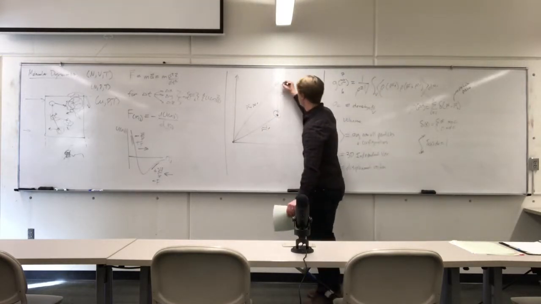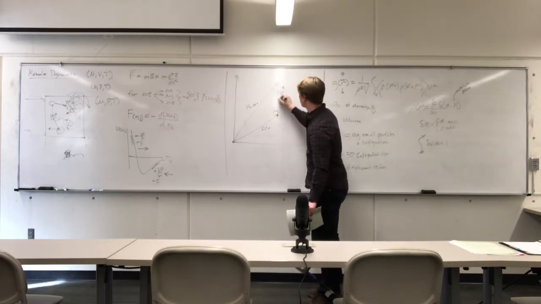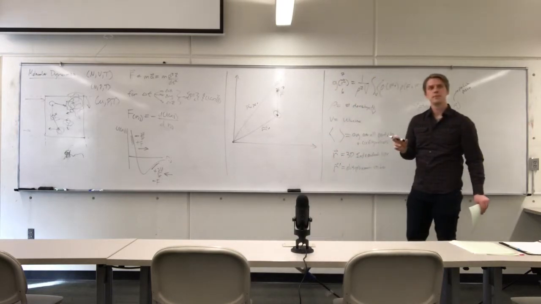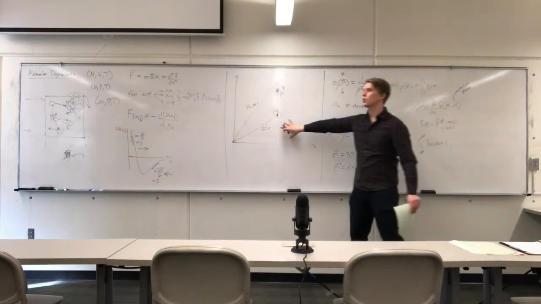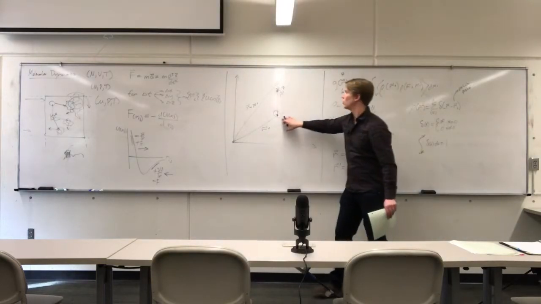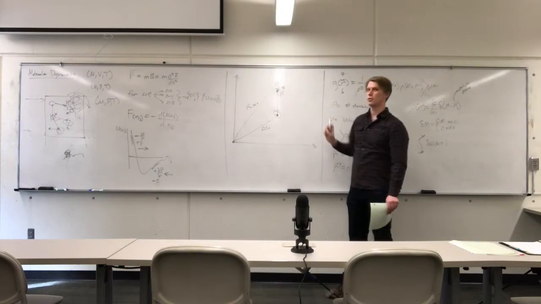So if this is 7, yep, there's a particle right there. If it's 6, there's no particle there. Right? I don't care where the particles are physically located relative to my reference point. I only care where they're located relative to another particle in the system.